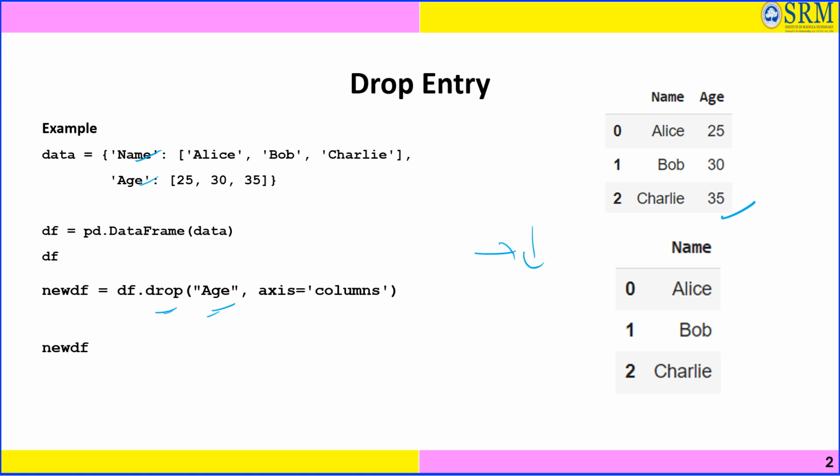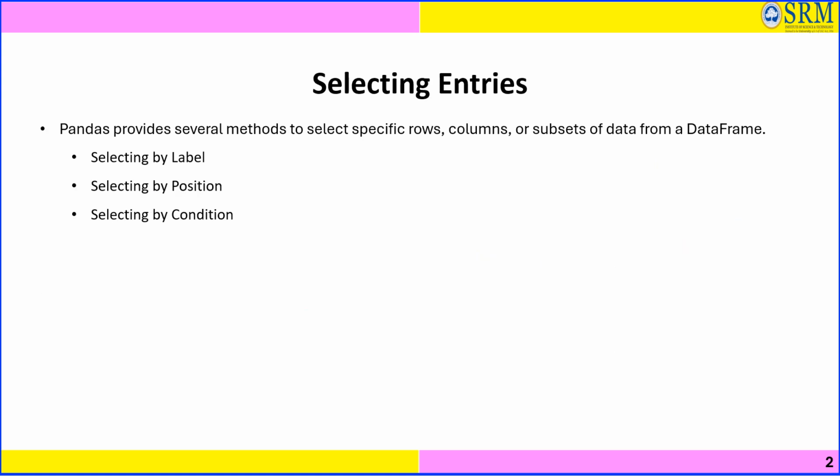But here I'm going to use columns, which means that the particular age column will be removed. The removal should be based on the axis, whether it is in column form or row form. So this is one example for drop entry.